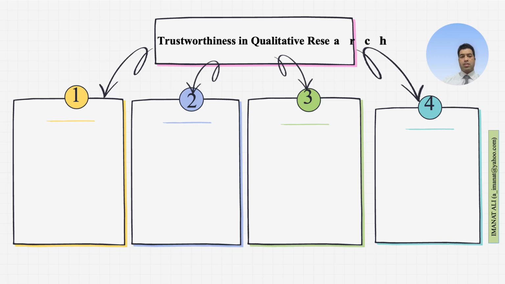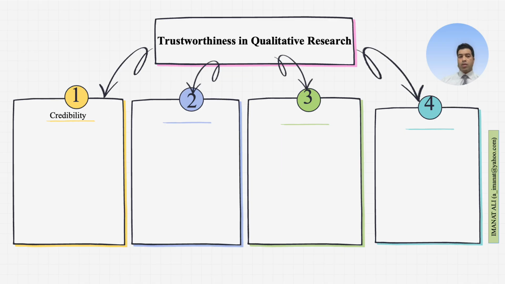The next topic is trustworthiness in qualitative research. In quantitative data, validity and reliability are checked.